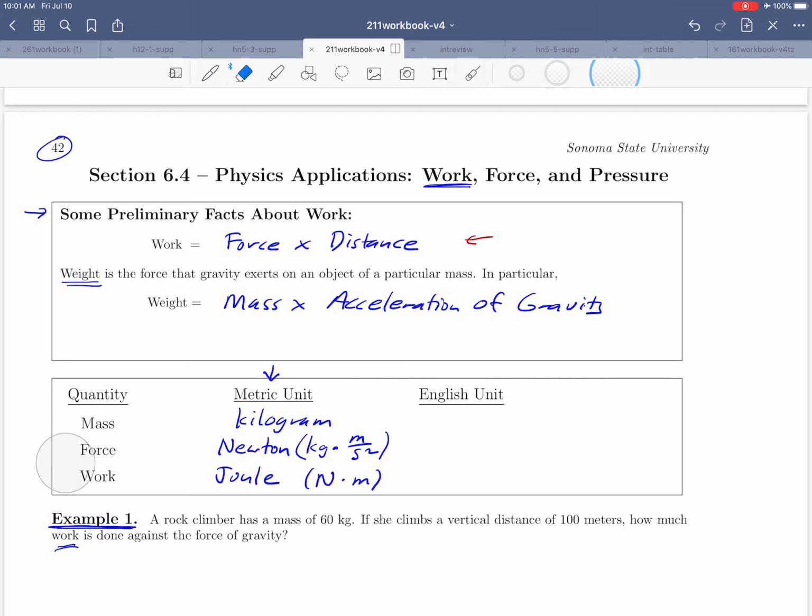Okay, now, as I said, metric units are by far the most important ones, but English units do come up sometimes. Okay, we live in a country where they're still used occasionally. So we're going to kind of de-emphasize these, but I'm going to mention them just so that we've got them in front of us. Let's start with force.